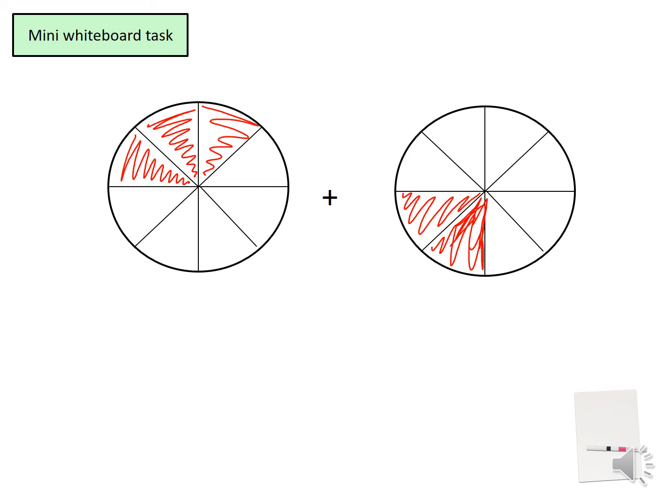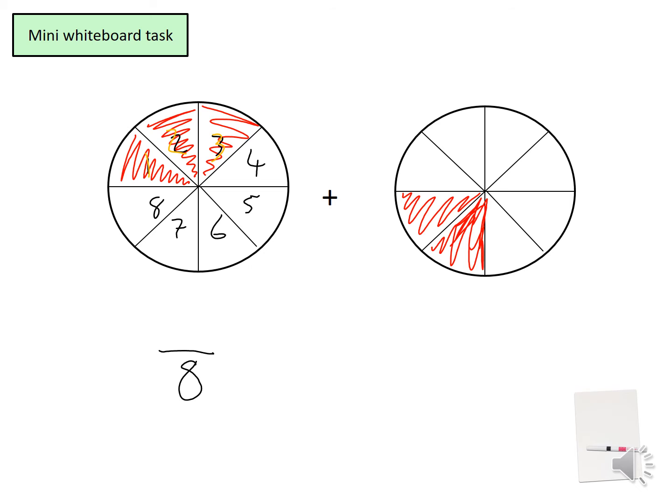Okay, welcome back. So I have 1, 2, 3, 4, 5, 6, 7, 8. It is out of 8. I have 8 equal parts, and out of those 8 I have shaded in 3.